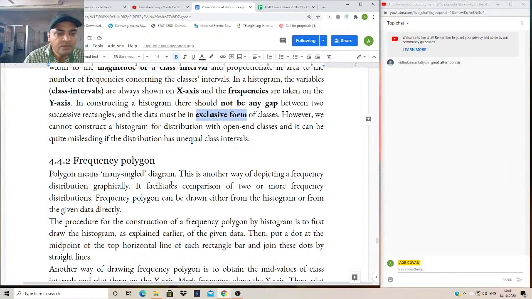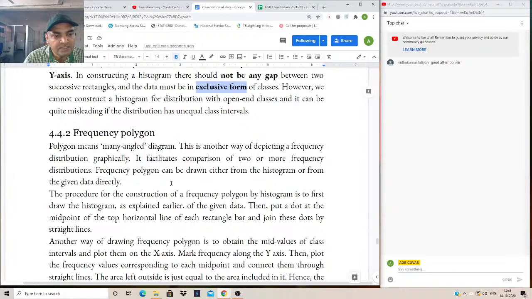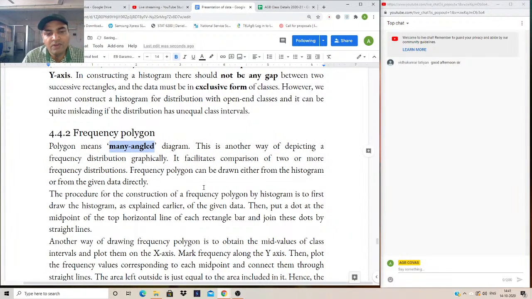Now, coming to the frequency polygon, how to make a frequency polygon? Polygon means many-angled diagram. Okay. And this is another way of depicting the frequency distribution graph. It facilitates the comparison of two or more frequency distributions. You cannot make a histogram of two or more frequency distributions, so in that case, frequency polygons are made.